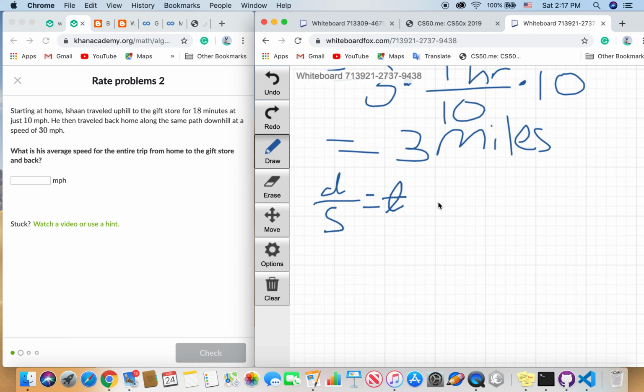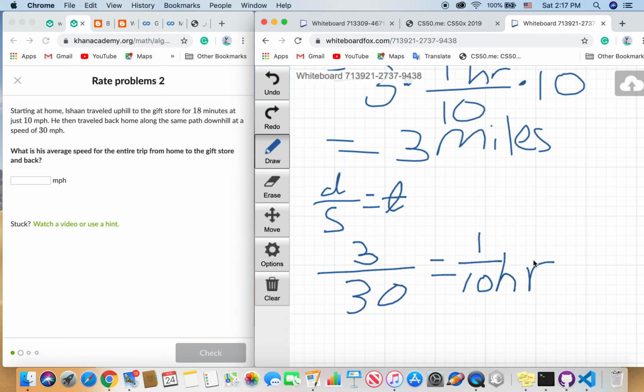Okay? So let's take a look. Distance is 3 miles. And then it says he travels 30 miles per hour. So it's 1/10 of an hour.